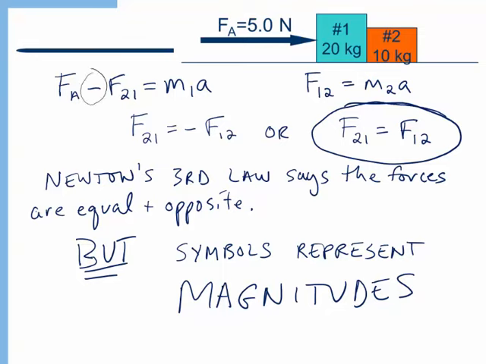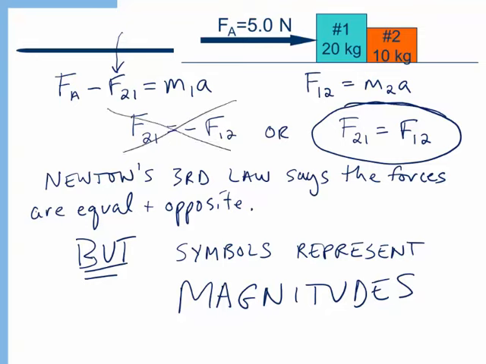Why was this negative? Because we said the direction was to the left. So we've already put that in. Therefore, the symbol itself is the magnitude, and the magnitudes of the two forces, F21 and F12, are positive. So that's a really important thing to remember.